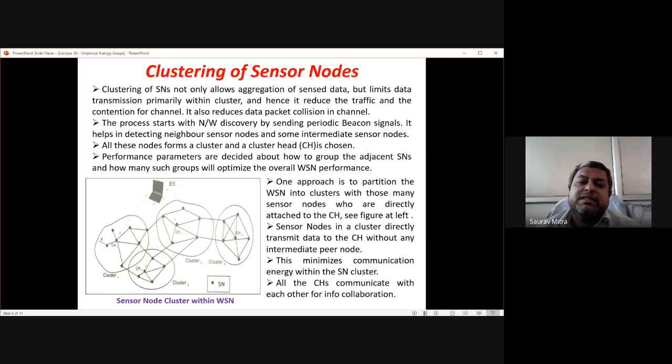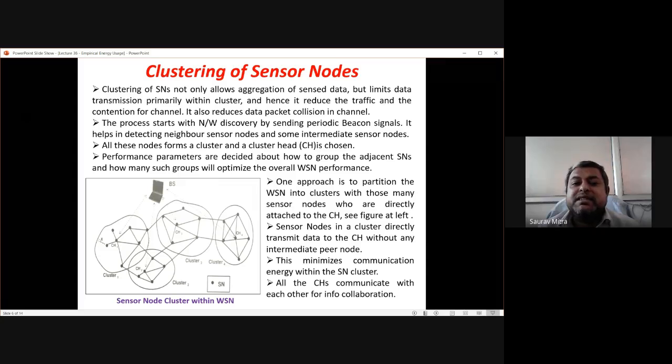The process starts with network discovery by sending a periodic beacon signal. Network discovery means nothing but all sensor nodes coming to know about their own position after deployment. It helps in detecting neighboring sensor nodes and some intermediate sensor nodes. All these nodes form a cluster, and a cluster head is chosen.